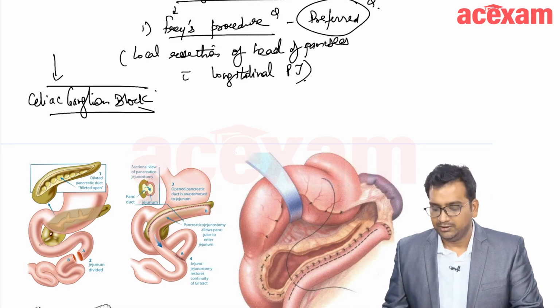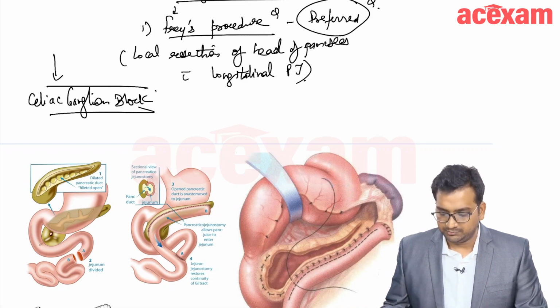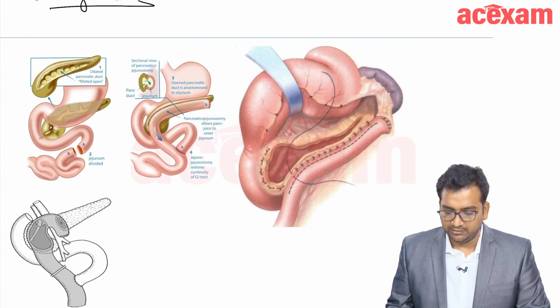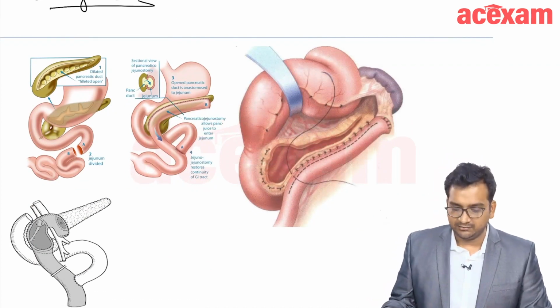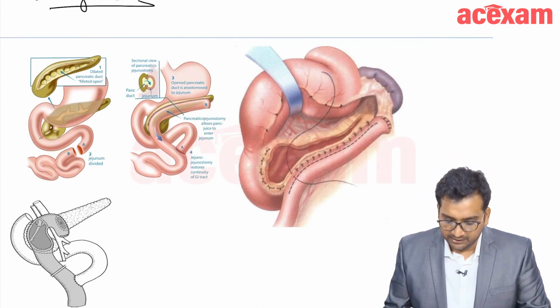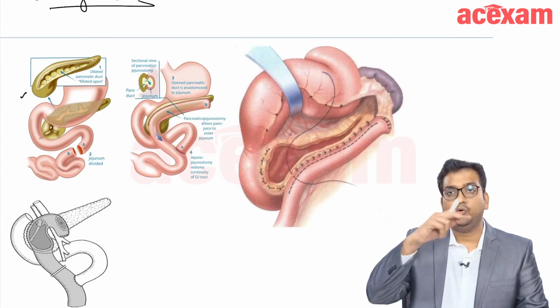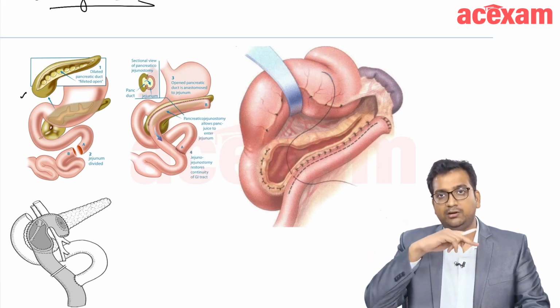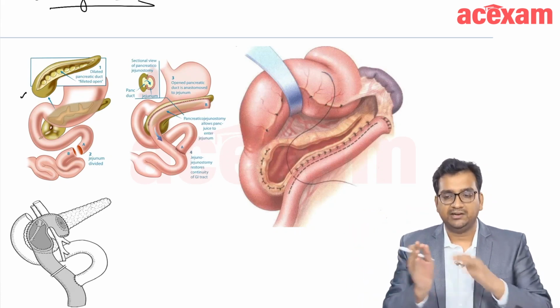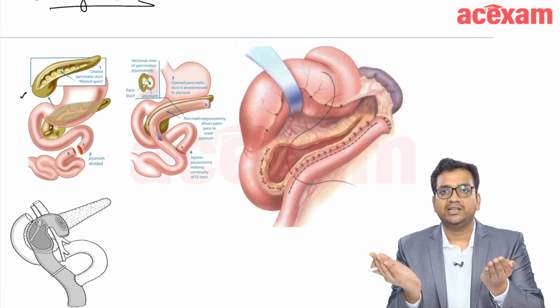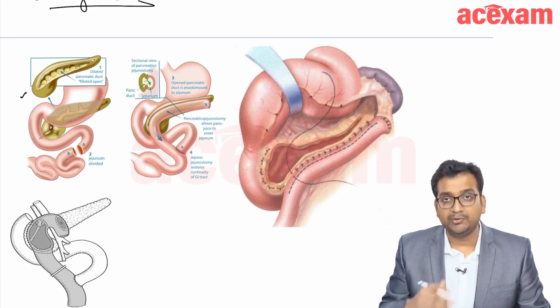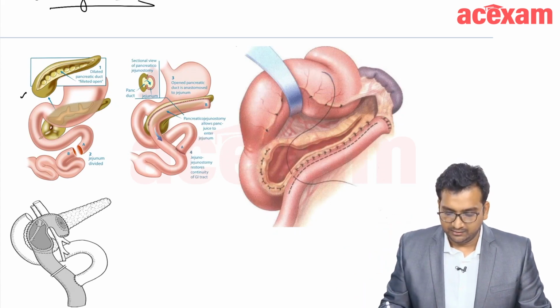Okay, now regarding the procedures, to make you understand, these are the diagrams which are very important. We see here that this is the pancreas and the pancreatic duct is opened. So we are longitudinally opening the pancreatic duct. We will remove all the stones and we will open all the strictures. Then the root limb of the jejunum is brought up and is anastomosed to the pancreatic duct like that.